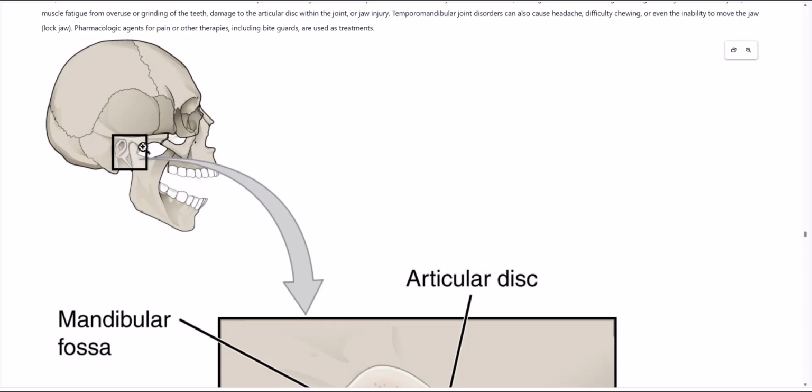We see here the zygomatic arch. The zygomatic arch is made up of two processes. There is the temporal process of the zygomatic bone, and there is the zygomatic process of the temporal bone, which together reach out and connect. You also know, while we're here, you know the word zygote. You know the zygote is a union of egg and sperm.